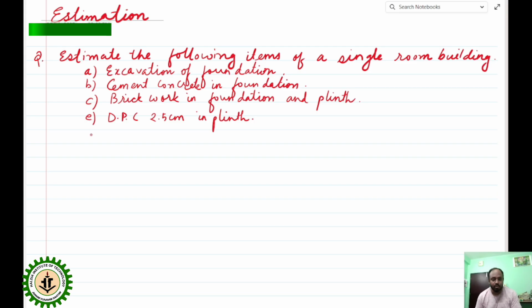DPC means damp proof course. Last is brickwork in superstructure.